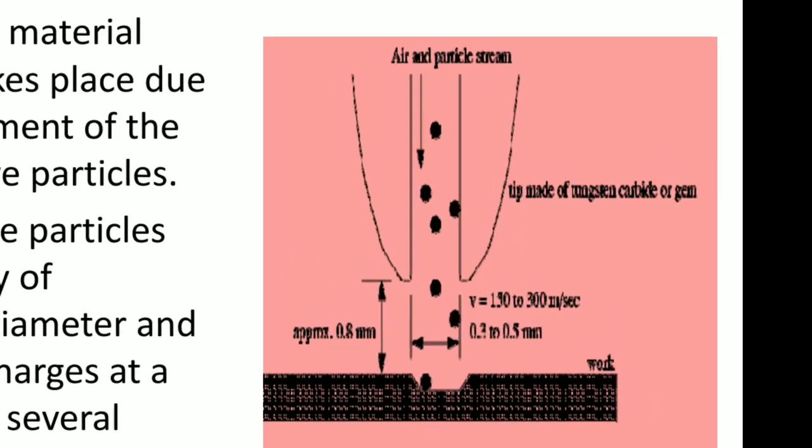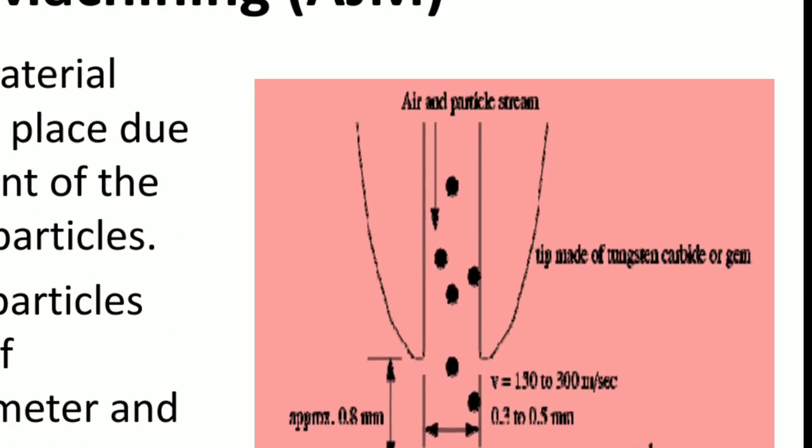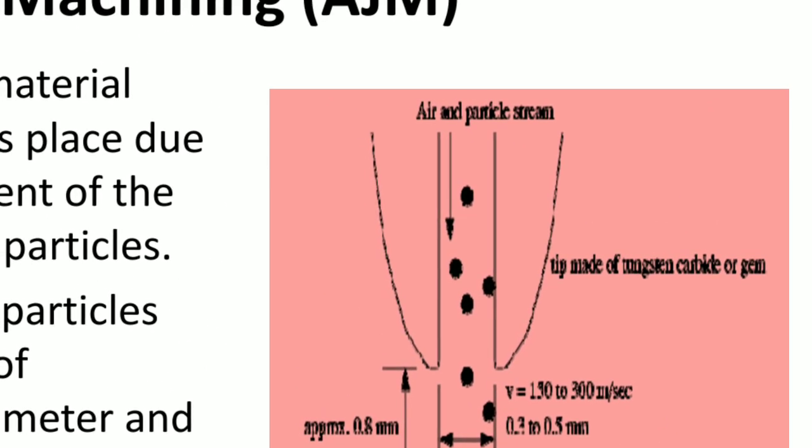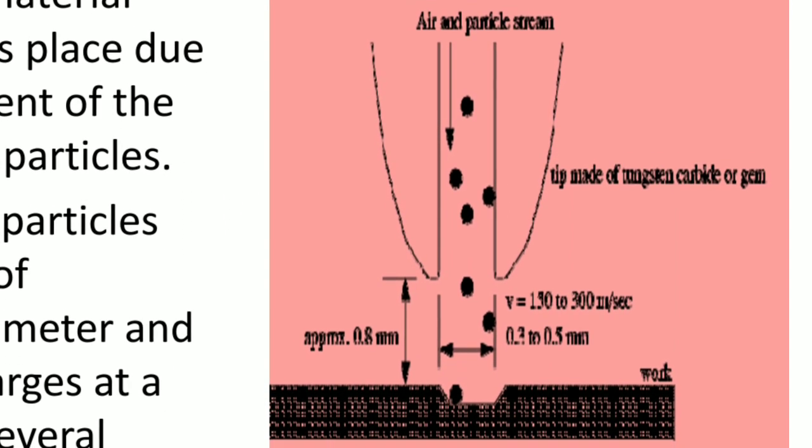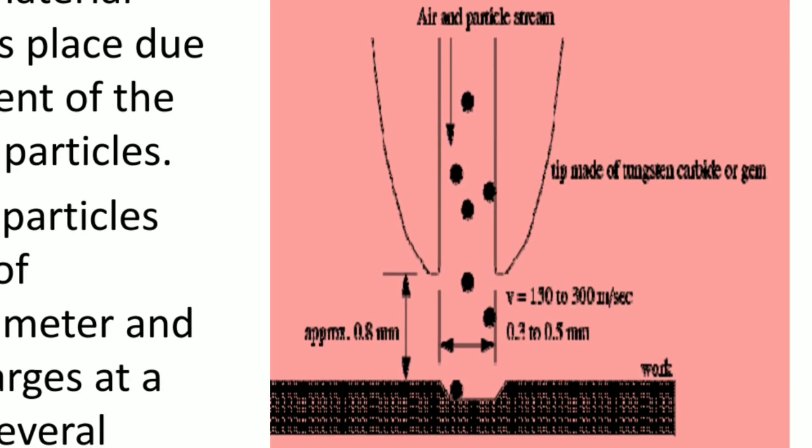You can see here in the diagram, it is written air particle stream. The particles and air are injected and made to pass through the nozzle, which accelerates the abrasive particles. The tip of the nozzle is made of tungsten carbide or gem, meaning a hard material is used to make the nozzle, because abrasives can themselves damage the nozzle as well.